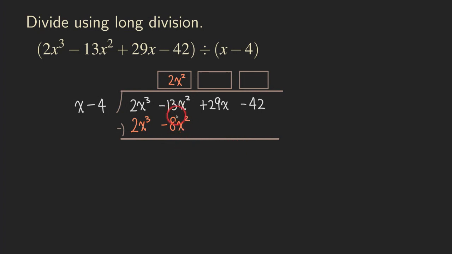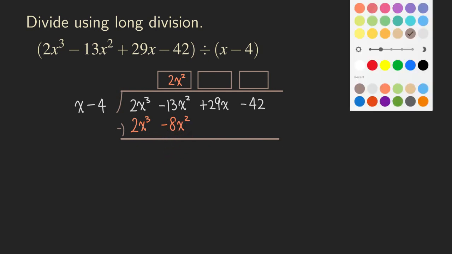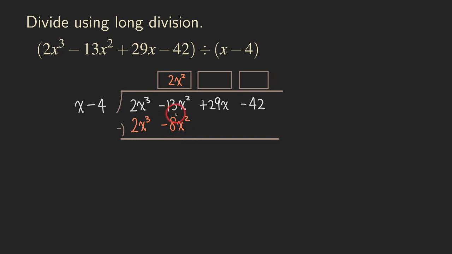Okay, so now we are going to do the subtraction here. For this one, because they are not the same, when we subtract them, we are going to get something other than 0. So what are we doing here? We are going to take the -13x squared minus -8x squared. The signs can be really confusing here in general because we're doing the subtraction.